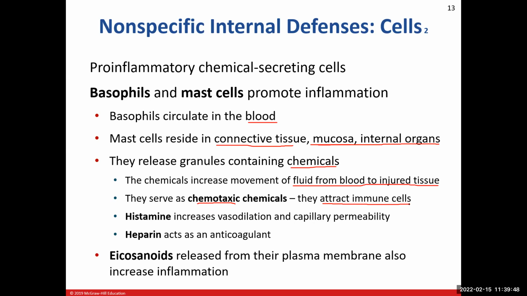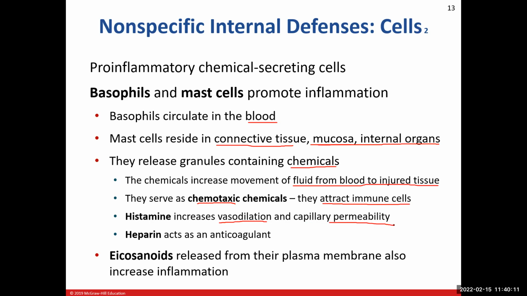So histamine and heparin are going to be two of these chemicals that are going to help to promote inflammation. One, they're going to increase vasodilation, and in doing so, they help to make the capillaries more leaky. So the stuff that's in the capillary can get into the tissue.